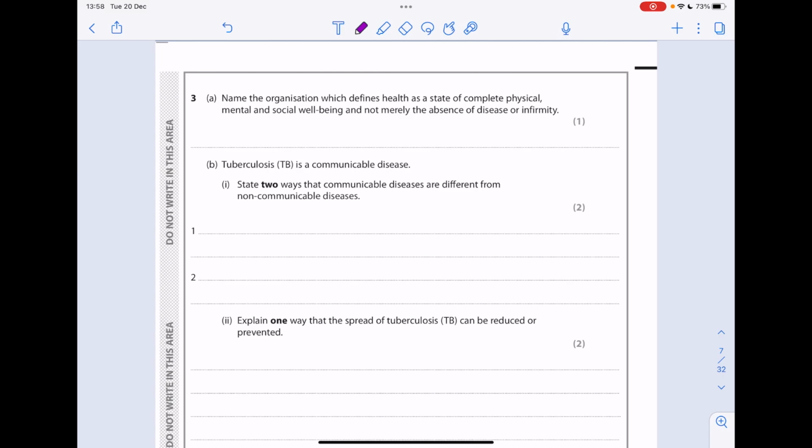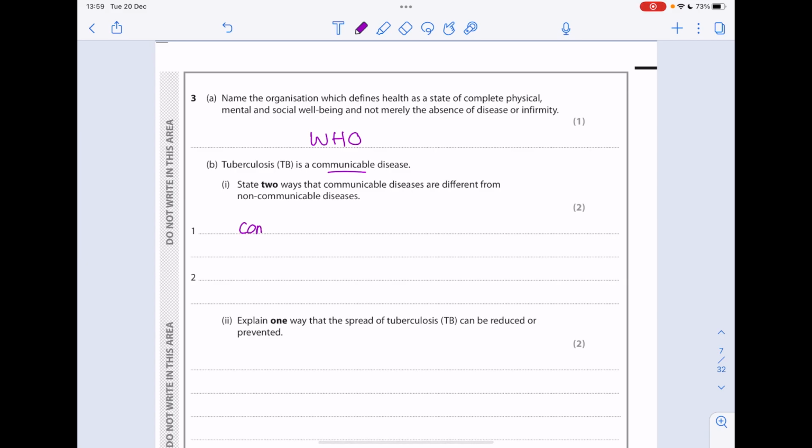Name the organisation which defines health as a state of complete physical, mental and social well-being, and not merely the absence of disease or infirmity. That is the WHO, the World Health Organization. TB is a communicable disease. State 2 ways that a communicable disease is different from a non-communicable disease.